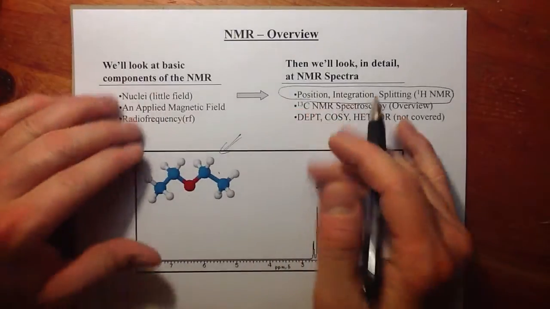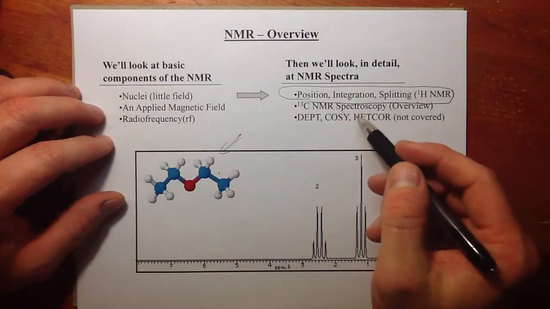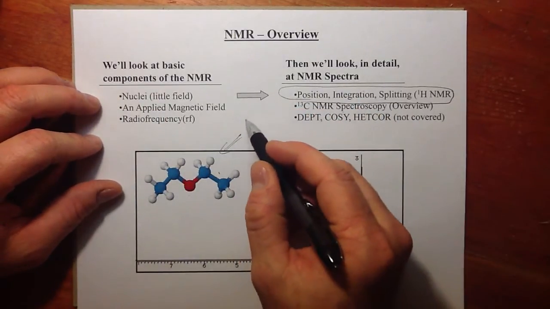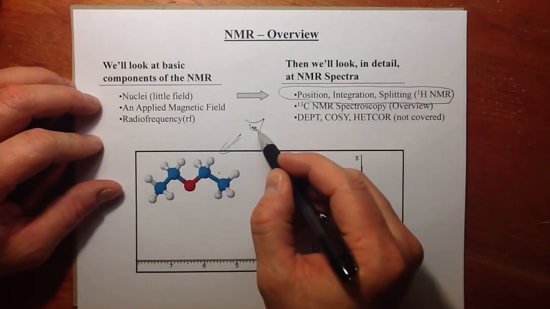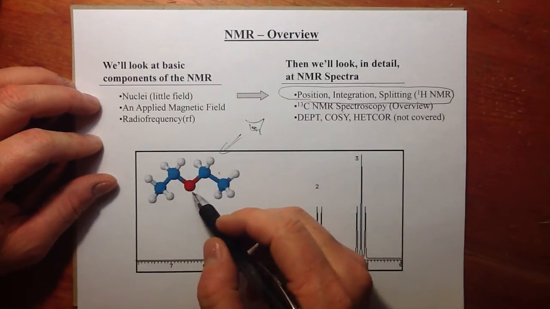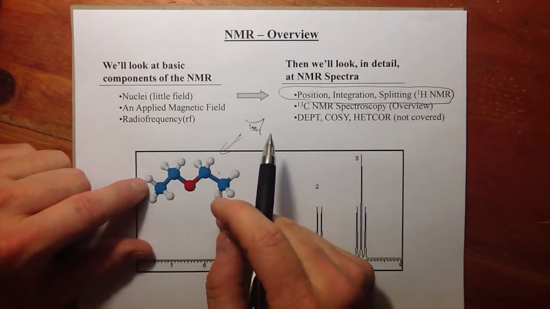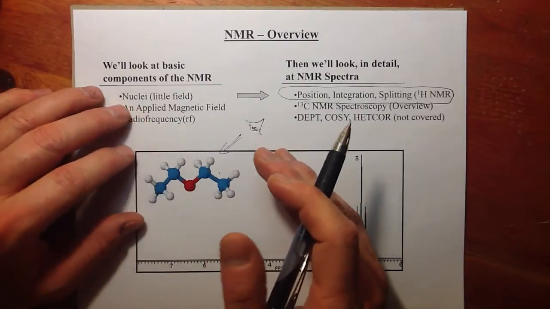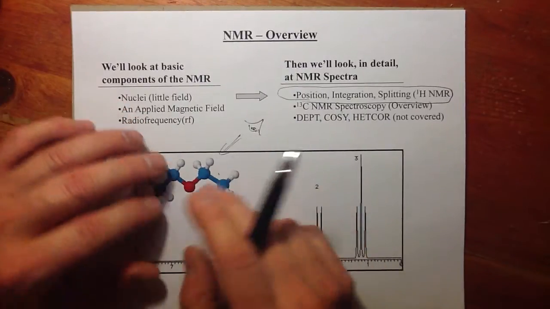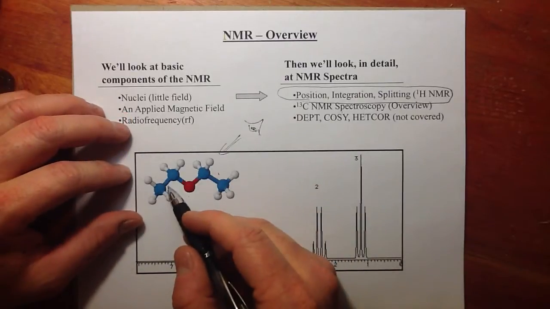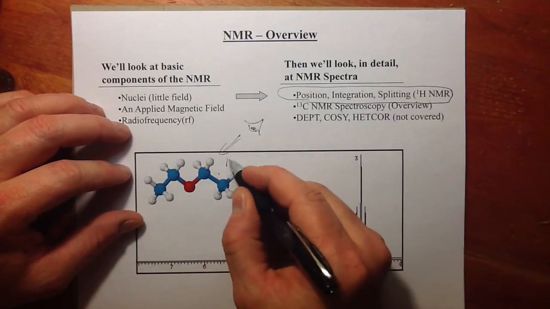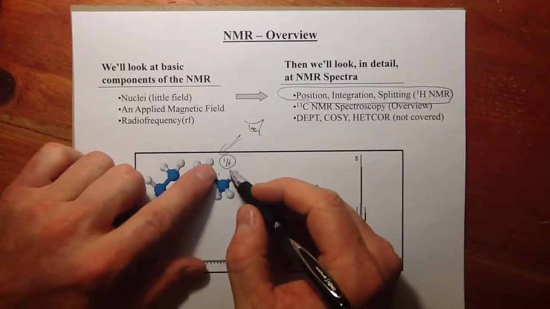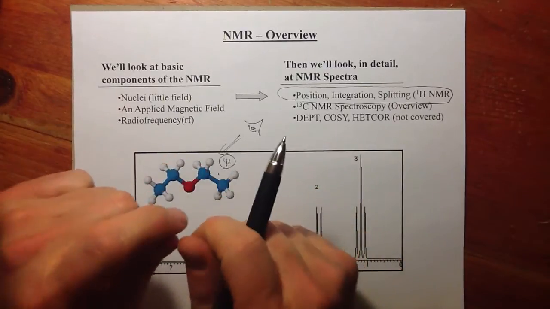So we're just jumping down from where we'll be and what we'll look at in detail. Let's propose a molecule, diethyl ether. What is it about this molecule that we can analyze by NMR spectroscopy? Well, we don't analyze the whole of it. We don't analyze bonds. We analyze just the proton atom's spin.